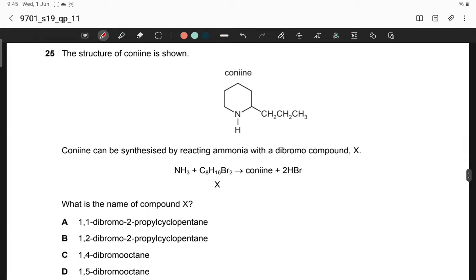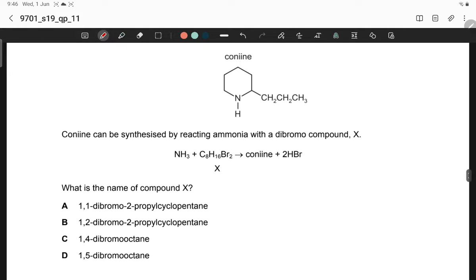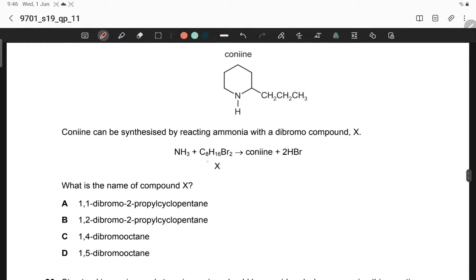Question number 25. The structure of quinine is shown. Quinine can be synthesized by reacting ammonia with a dibromo compound X. What is the name of the compound X? Br2, C8H16Br2.